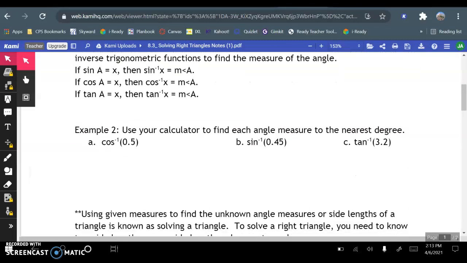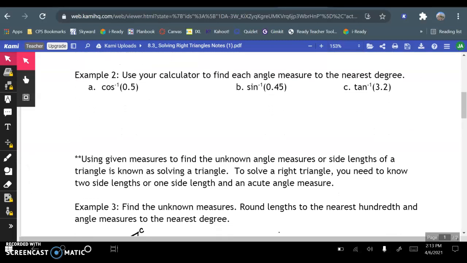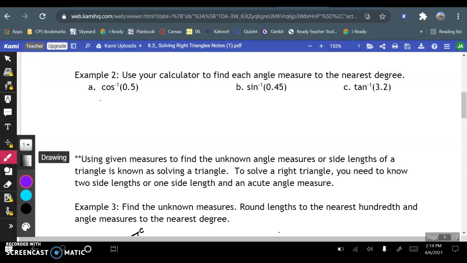First, we're going to use our calculator and type in the inverse cosine of 0.5. On our graphing calculators, that is right above cosine. You'll see cosine -1, so you press second and then the cosine button, then 0.5, and hit enter. We get an answer of 60.